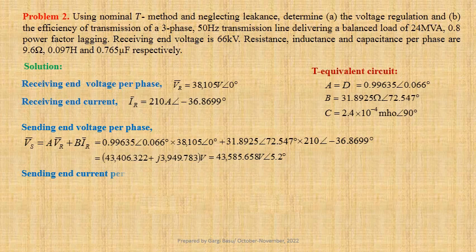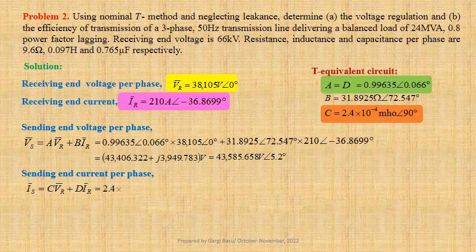Sending end current per phase Is equals C times VR plus D times IR. Using values we get 2.4 into 10 to the power minus 4 at an angle 90 degree into 38,105 at an angle 0 degree plus 0.99635 at an angle 0.066 degree into 210 at an angle minus 36.8699 degree.